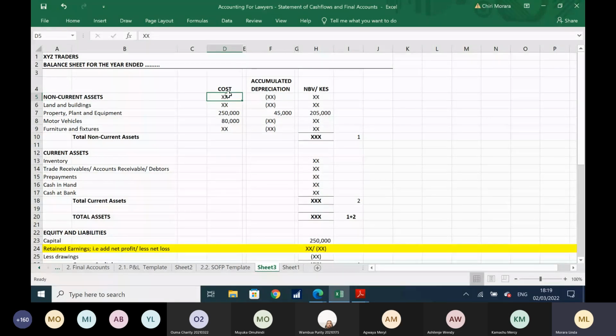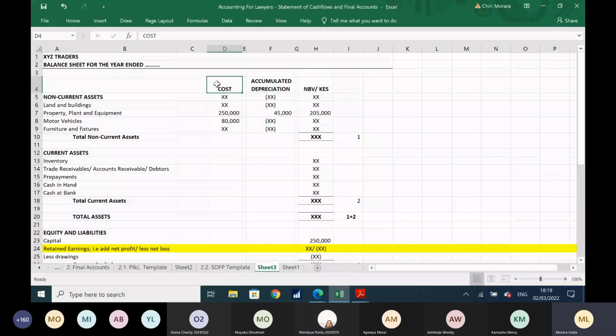So that is why we are deducting our accumulated depreciation here, for past years, and then adding this year's. If you had adjusted with your accumulated depreciation from years past, then you would not be using your cost here. You'd just be using the net book value as at the start of the year. Okay.